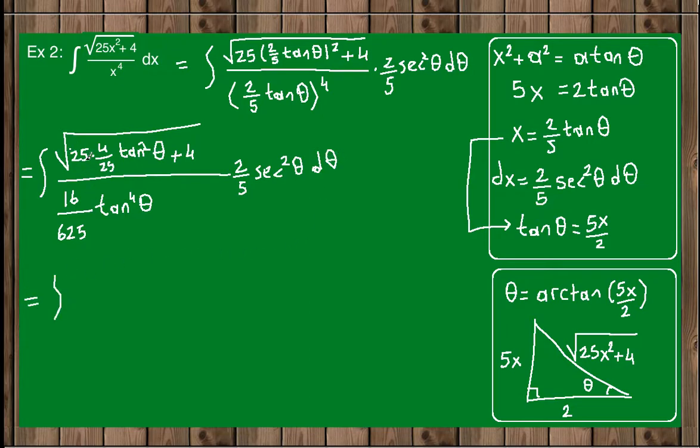Okay, here 25's cancel out, and if you factor out 4, we end up with tangent squared theta plus 1 divided by 16/625 times tangent 4th of theta.